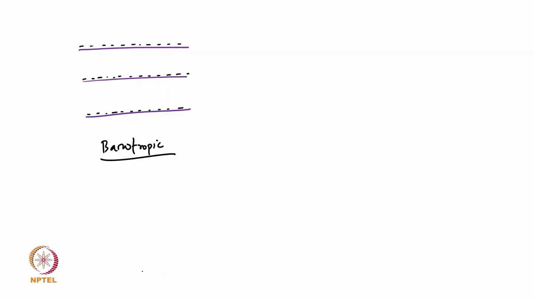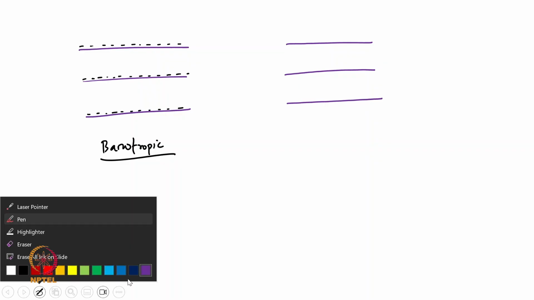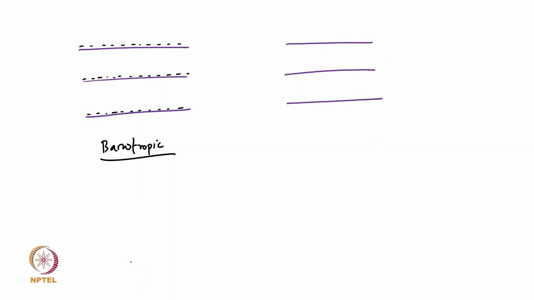Now, what happens if the fluid is not barotropic? What is it called? It's very simple to see that if density and pressure surfaces are not parallel, this is non-barotropic. And this new term that we're introducing is called baroclinicity. So the fluid is called baroclinic, the property is baroclinicity.